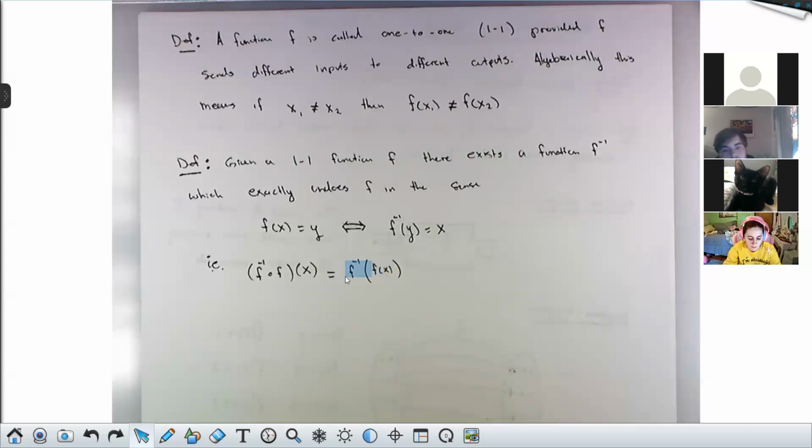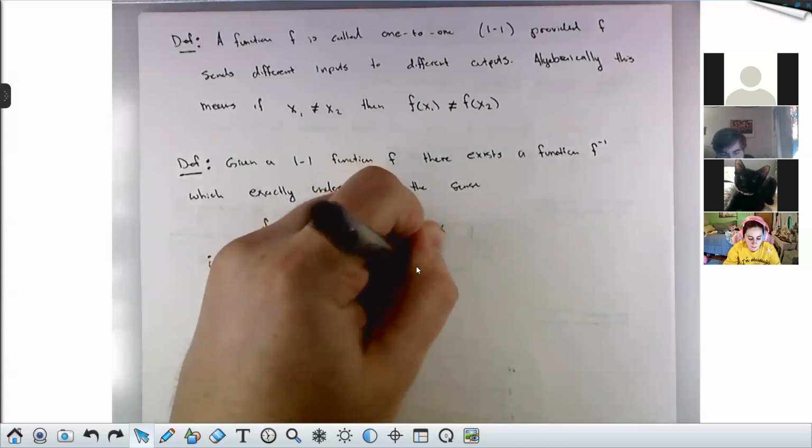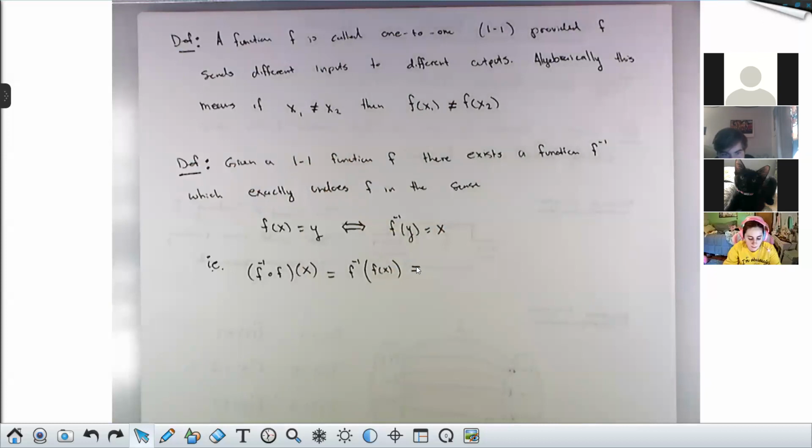And then I want to do f inverse to that. So this thing, which is exactly supposed to undo f of x, when I apply both of them to x, what should I get out? It should just be x itself.